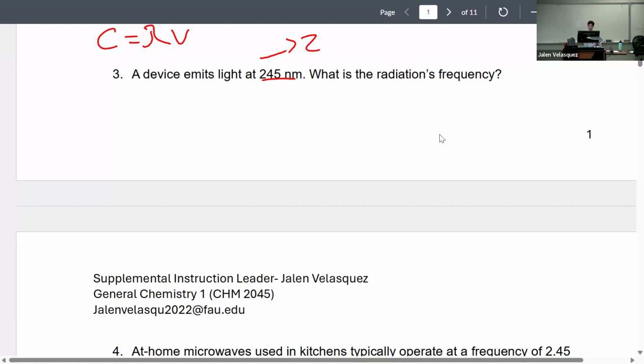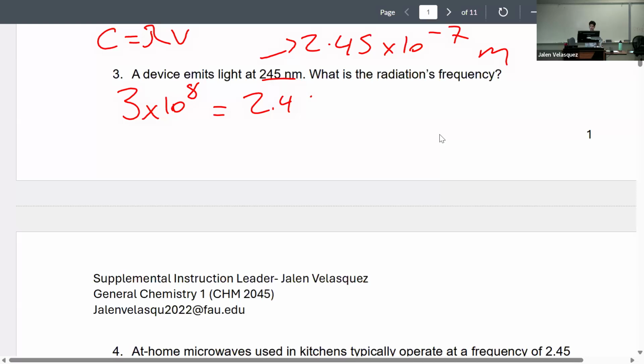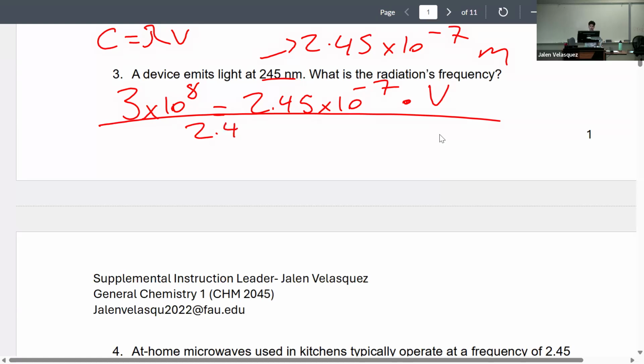So you're going to get 2.45 times 10 to the negative 7 meters. And then we just plug in. Speed of light is equal to wavelength in meters times frequency. Solve for frequency, you divide both sides here by your wavelength.